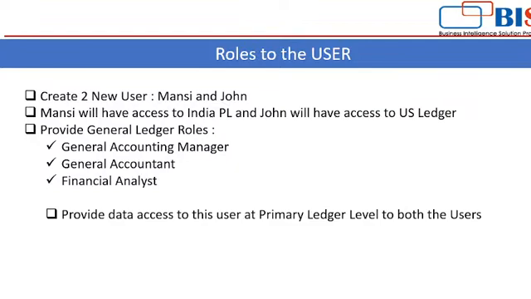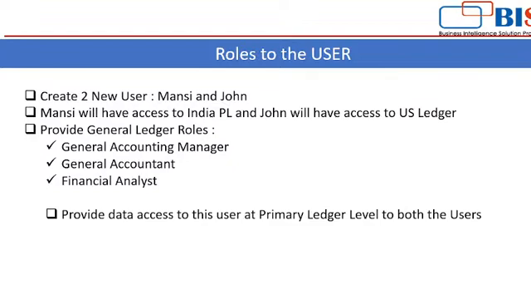General accountant is responsible for recording accounting adjustments, accruals, allocations, currency revaluations and translations. And when we provide the financial analyst role to the user, then that user can analyze the financial performance of an enterprise or an organization within an enterprise.